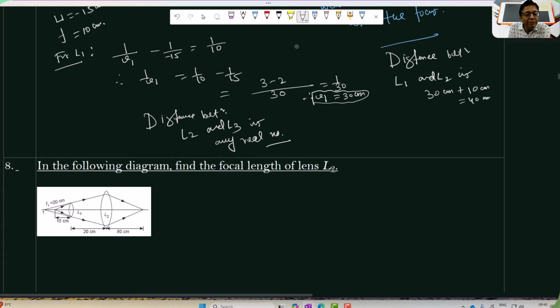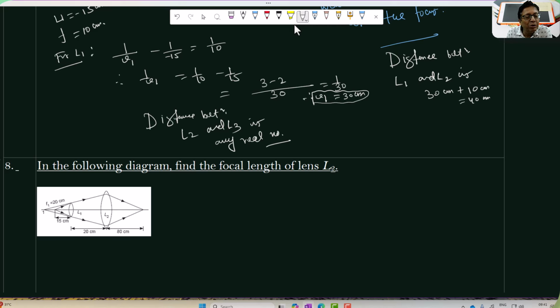For this problem, almost every piece of information is given except the focal length of the lens L2. Okay? We have to find that. You can see that the image formed by L1 is on the left hand side here, because the ray is going this way.